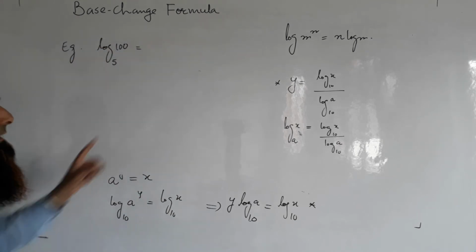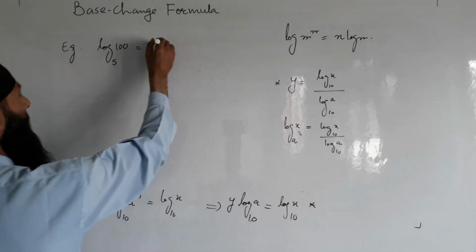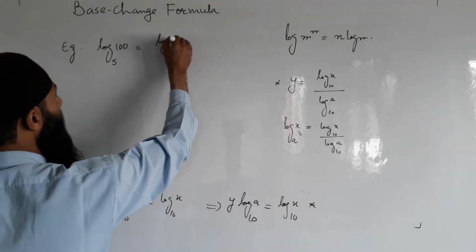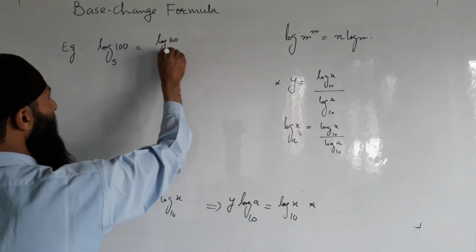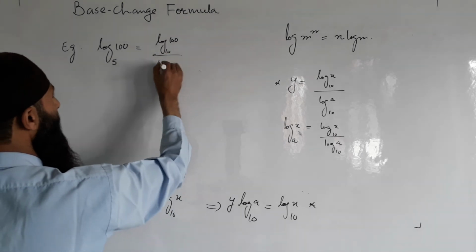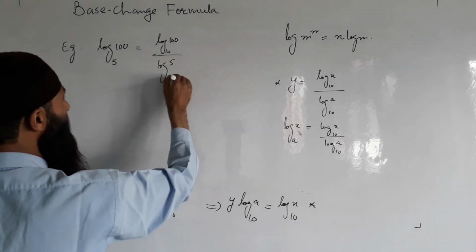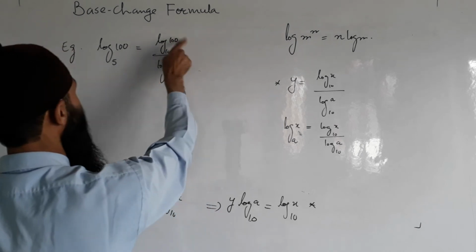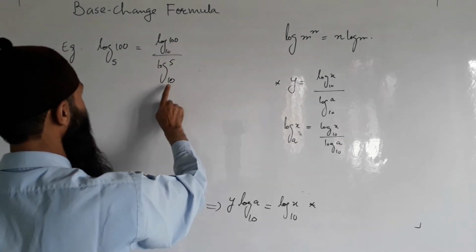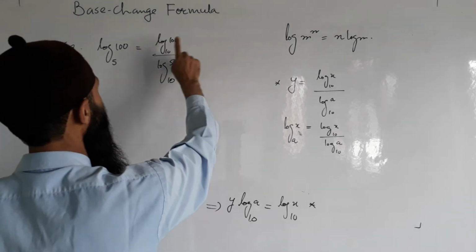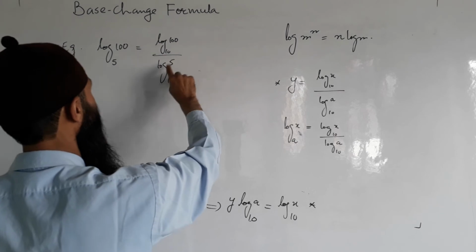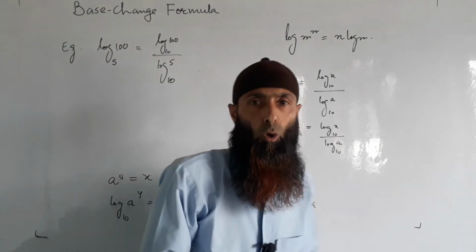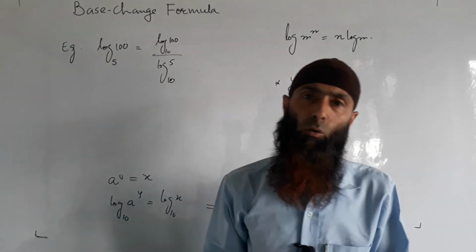By the base change formula, this will be log of 100 if we use the base 10 divided by log of 5 to the base 10. So this is the base change formula. We can also use log of 100 to the base e, log of 5 to the base e. So this is our choice, whichever we use.